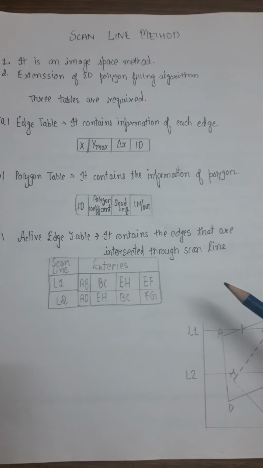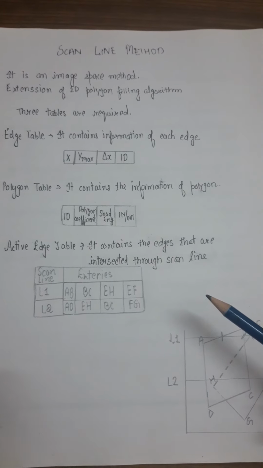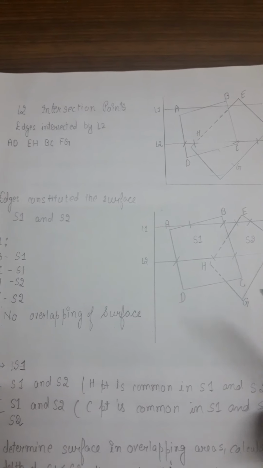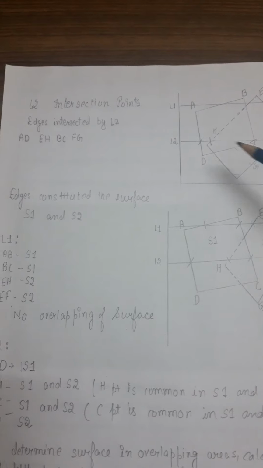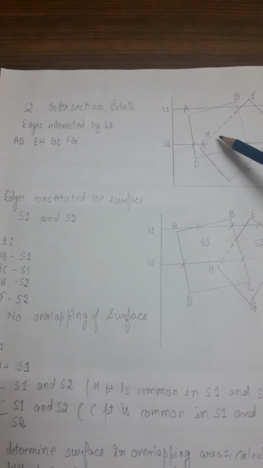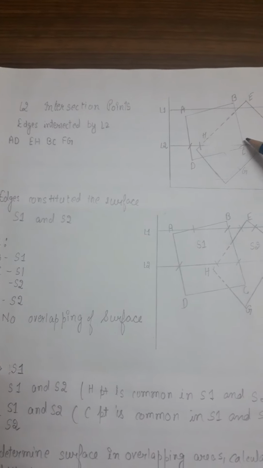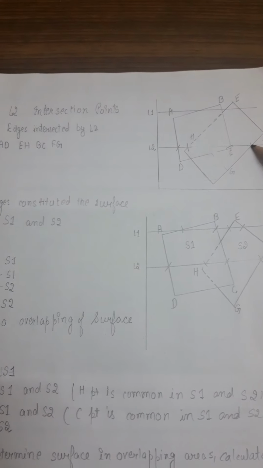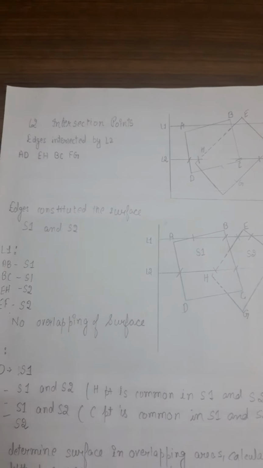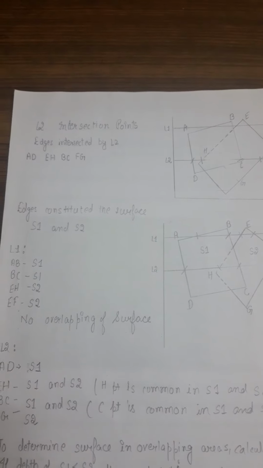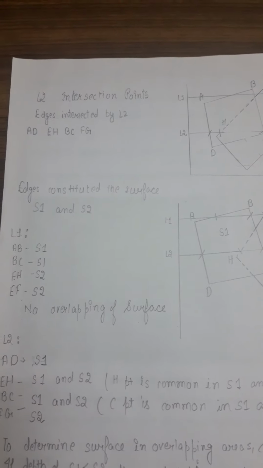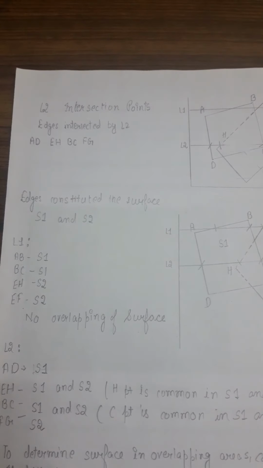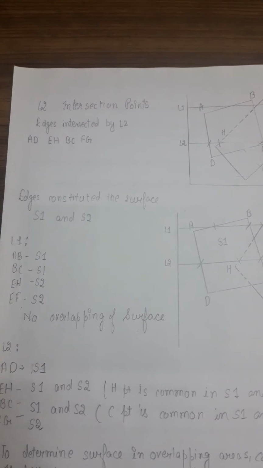So I have written here that L1 intersects AB, BC, EH and EF. Next we will see L2 intersects polygon edge AD, then EH, then BC and then FG, right? So we can determine through this which sides of the polygon L2 is intersecting. We have it written here: AD, EH, BC and FG, right?